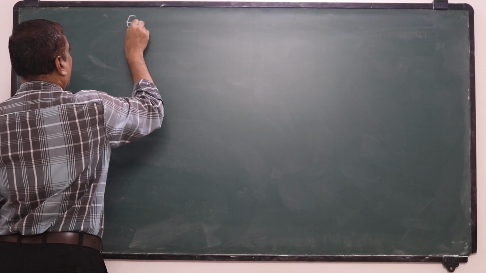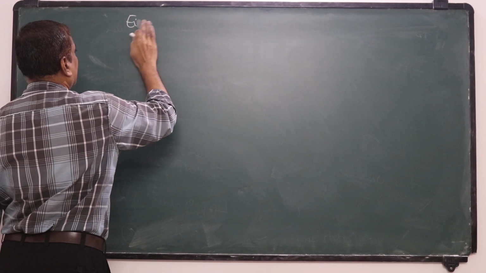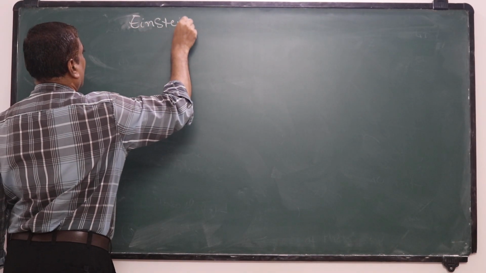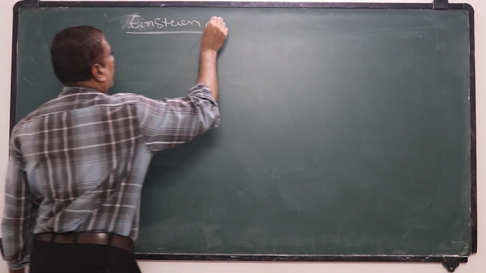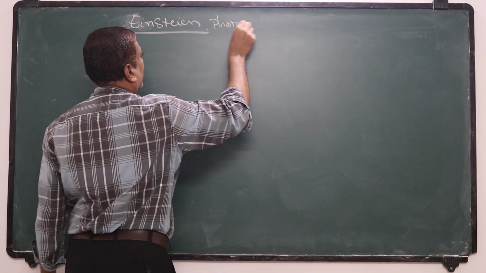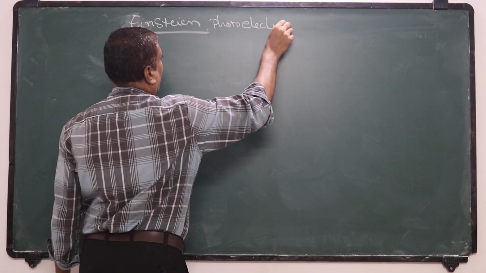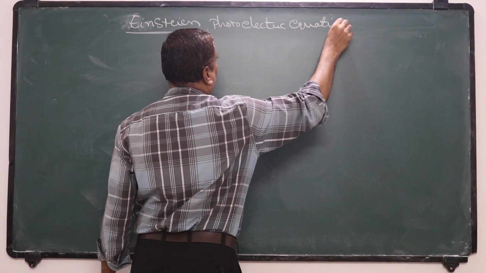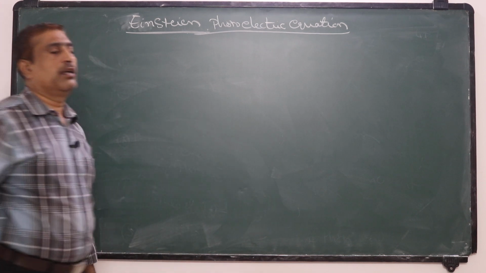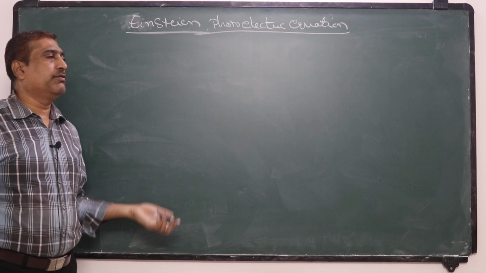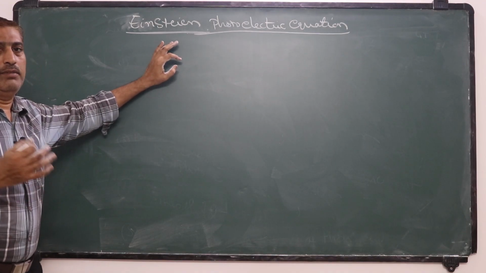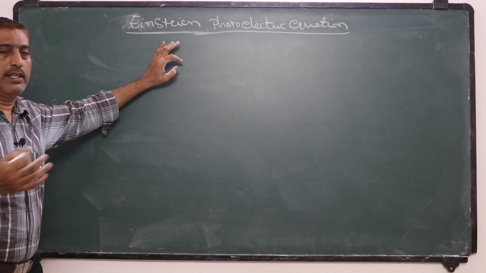Now, Einstein's photoelectric equation. The photoelectric effect is the interaction between light and electrons, or light and particles.